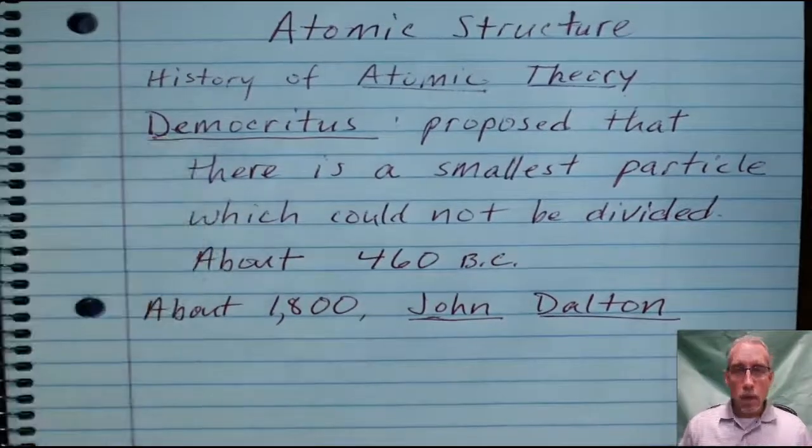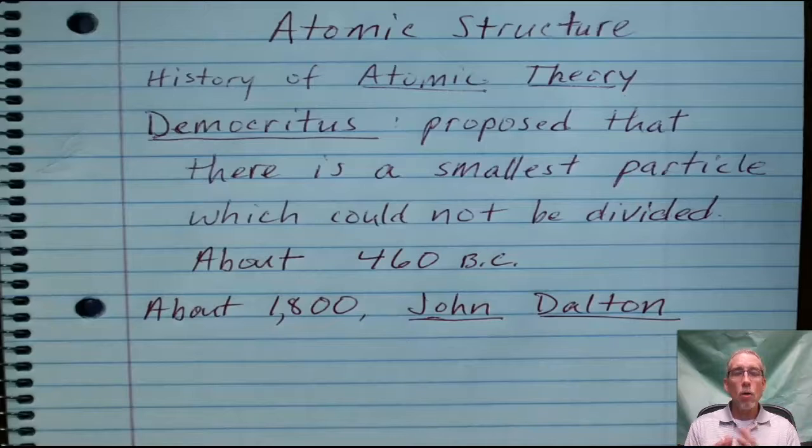And he was a scientist, and he was studying what made things up. And he started to notice that when he looked at certain kinds of materials, they always had the same ratio of masses of the things that made them up. And so what he realized was that everything is made up of the same kind of atoms.